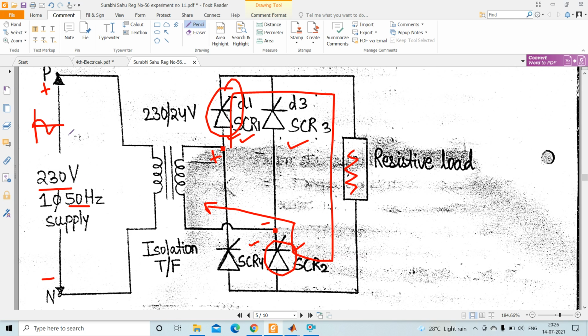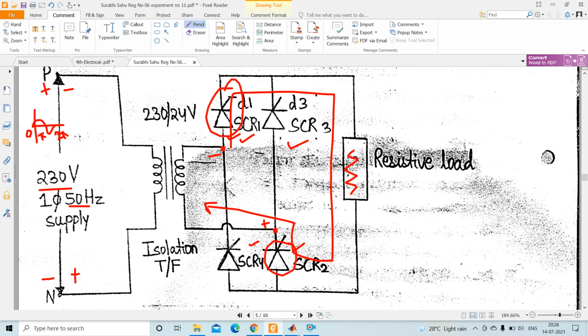Then when the positive half cycle is completed at angle pi, see, this is 0, this is pi, this is 2 pi. At pi the positive half cycle is completed and the negative half cycle starts. Now this point is negative and the other point is positive.